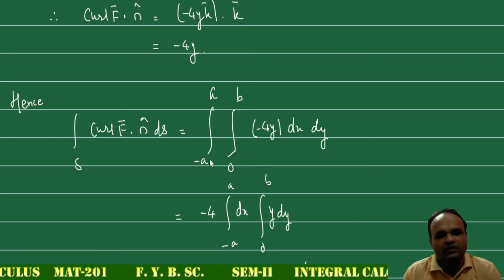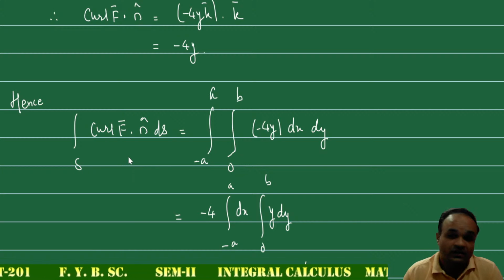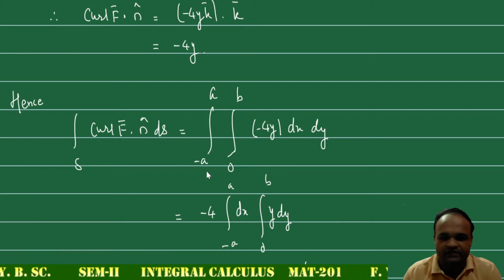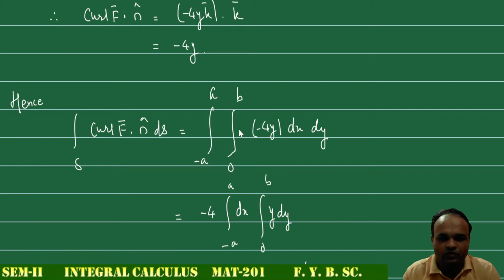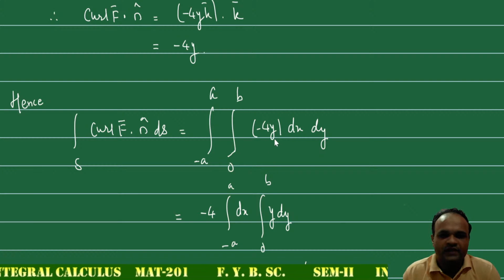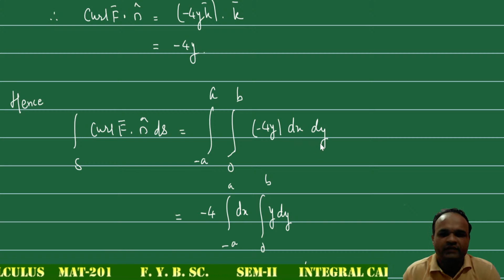It is a double integral, where x varies from minus a to a, y varies from 0 to b, curl of F bar is minus 4y, and n cap dS is dx dy.